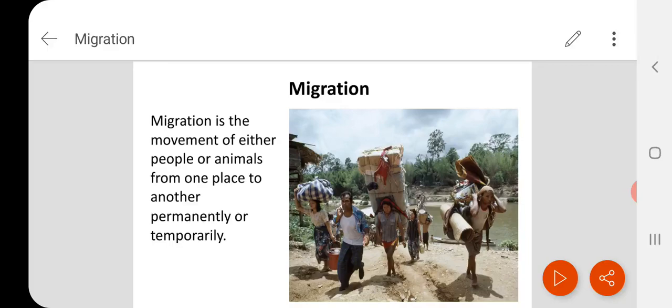So migration means the movement of people or animals from one place to another. It may be permanent or it may be temporary.